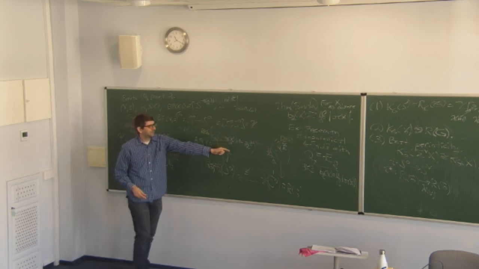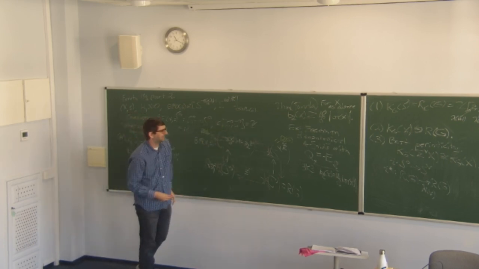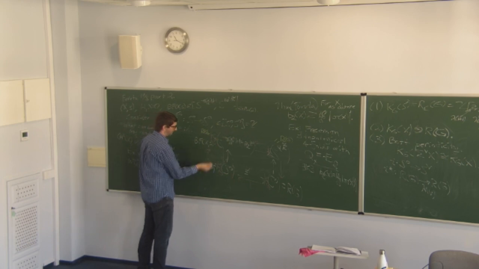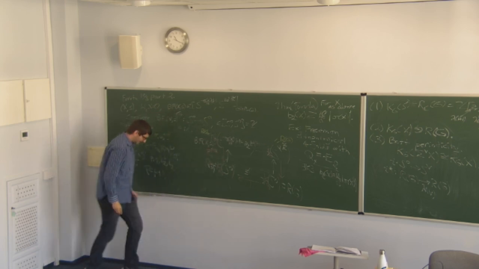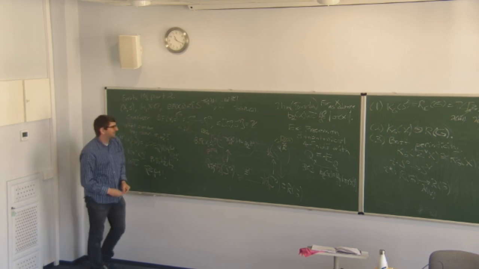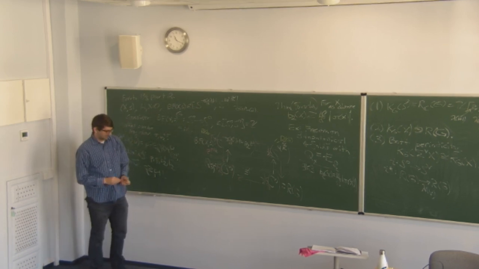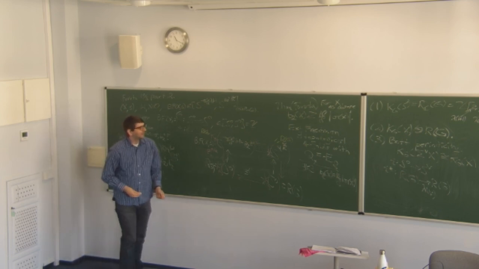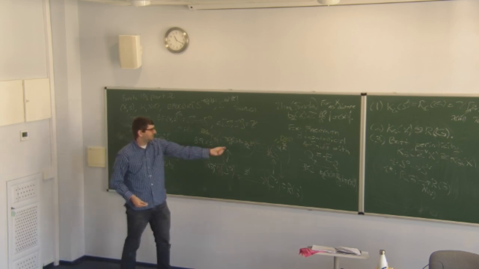And the Euler class of P2H is just z to the p over 2. Very sad. You get z to the p over 2, because you have p over 2 copies of h.